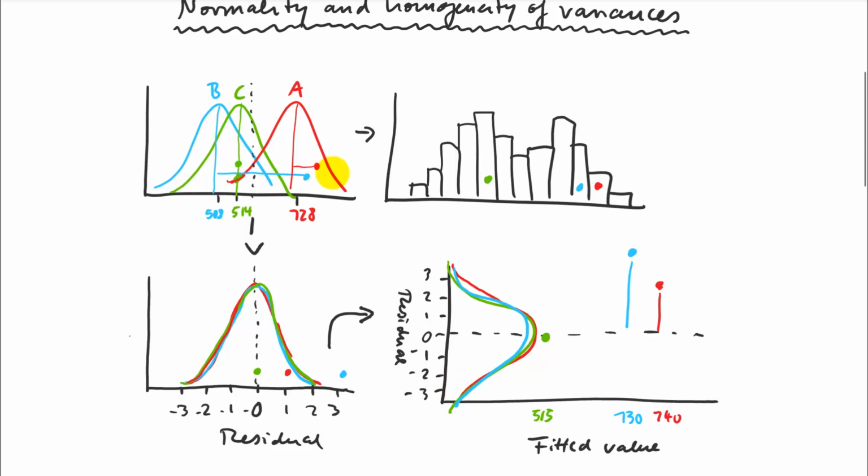Again, tracking my points here, my red dot is a big value, but not too far away from the mean of variety A. My blue dot here is visible as a high outlier, a very large value, especially with respect to the mean of variety B. And then my C measurement sits right in the middle with a residual of 0.